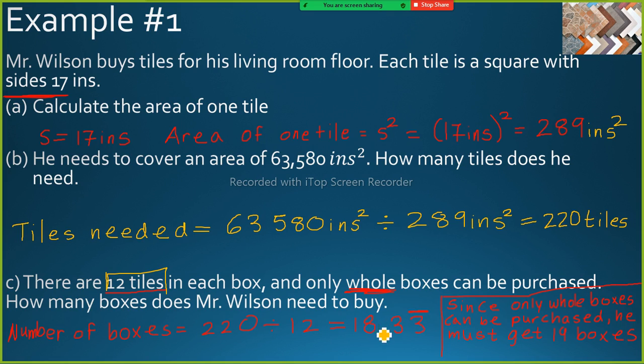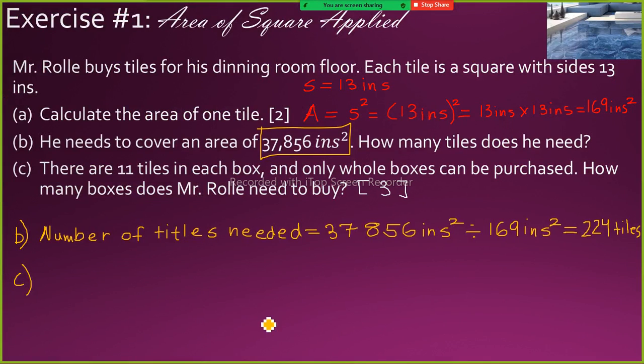So since we get 18.33, he has to purchase 19 boxes, because if he got 18 boxes, it'll be too little. So we need 19 boxes. Okay, so now with you, let's go to this question. How are we going to answer C now based on what I just showed you?